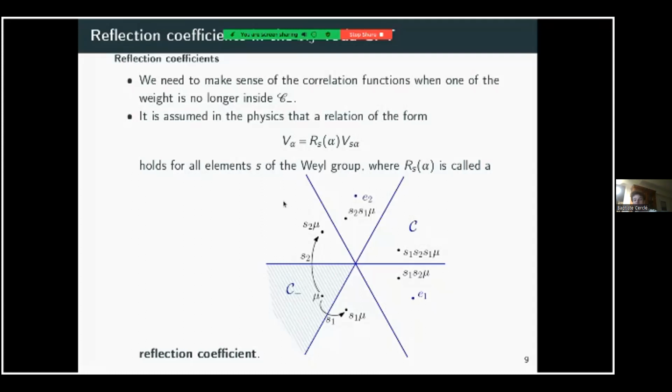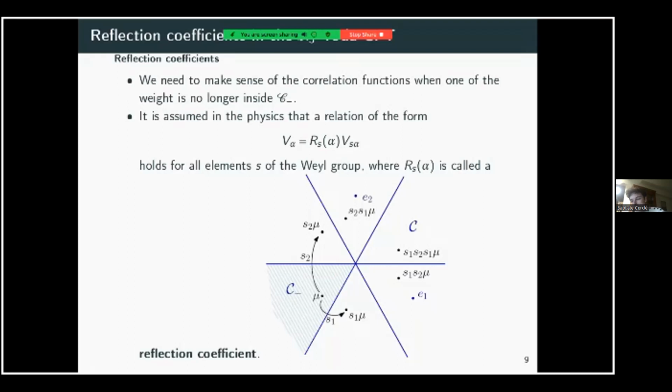So you have 6 elements in the group, and these 6 elements can send one chamber to any other chamber. The only difference between two vertex operators defined with weights related via such a transformation is that you will have a reflection coefficient.